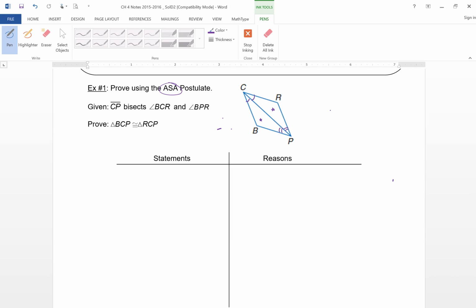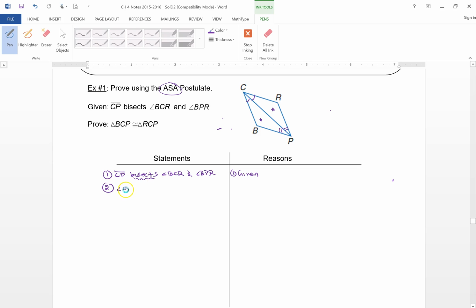Okay? Here, I'm told CP segment bisects angle BCR and angle BPR. Now, the next step is, okay, what do I get from this? Well, the fact that it's using the word bisects means I have congruent angles here.